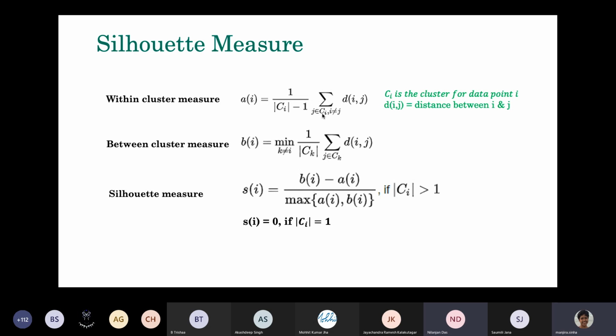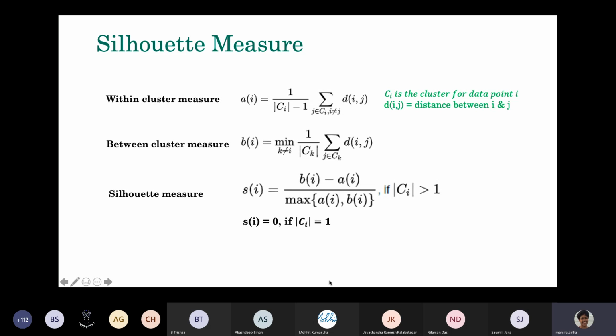Because inside the cluster there is no other point, so Ai can be thought of as 0, and it will be Bi upon Bi, which is 1. Yes, this is the equation if the size of Ci is greater than 1, but it is a condition that if Ci equals 1, then my Si will be 0.